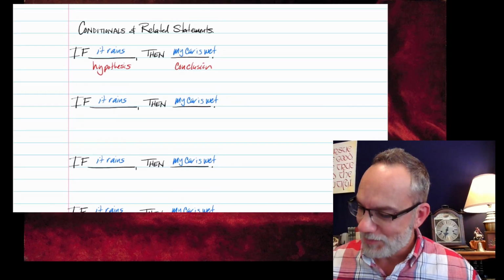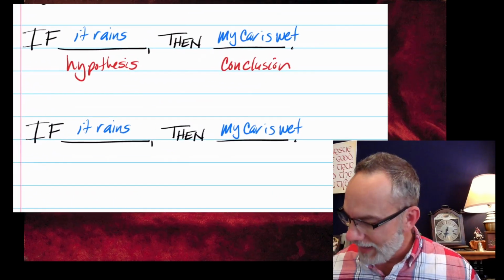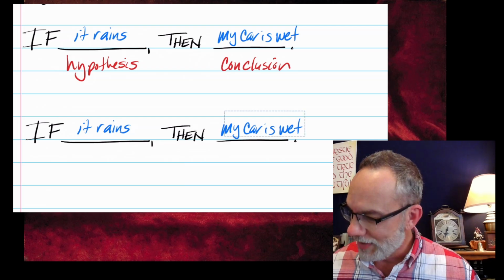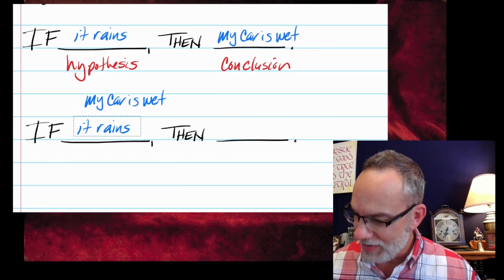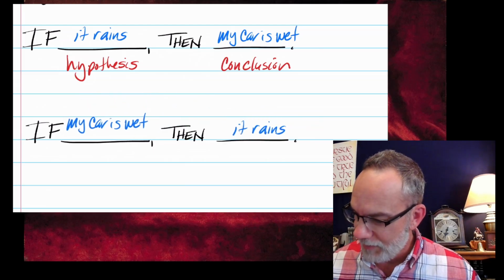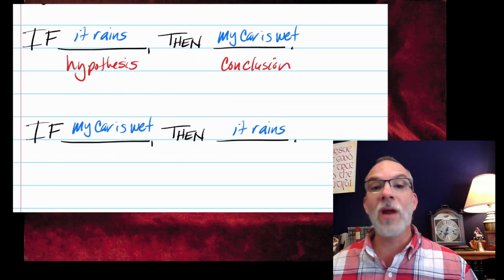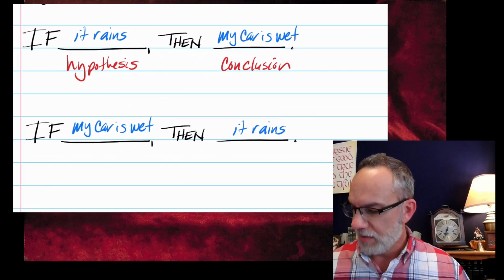Okay, so if it rains, then my car is wet. Let me take the conclusion and swap it with the hypothesis. If my car is wet, then it rains. That's a different statement.